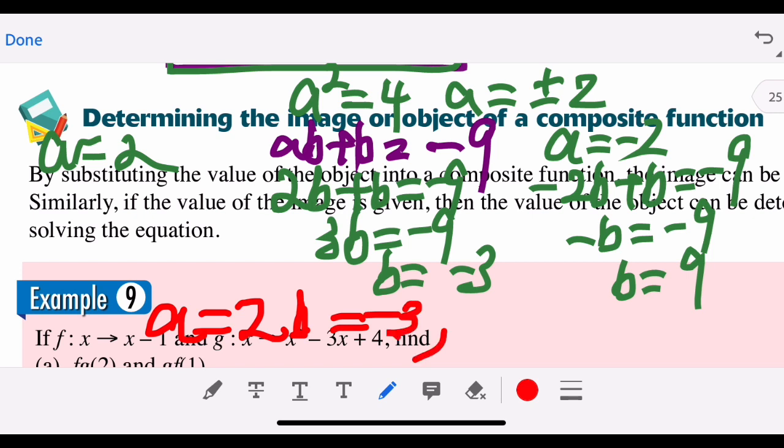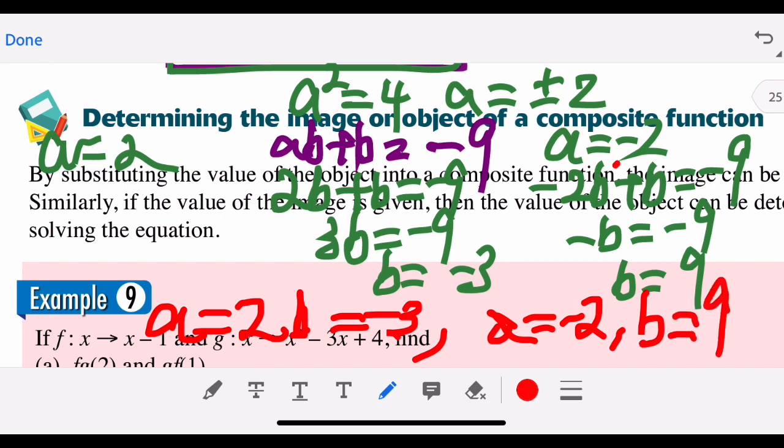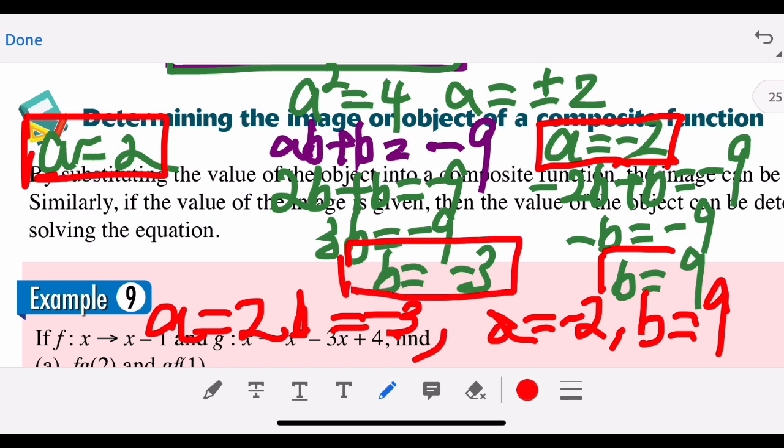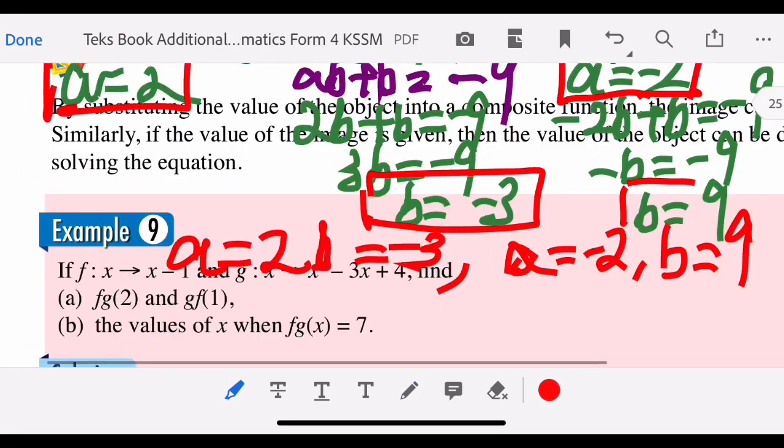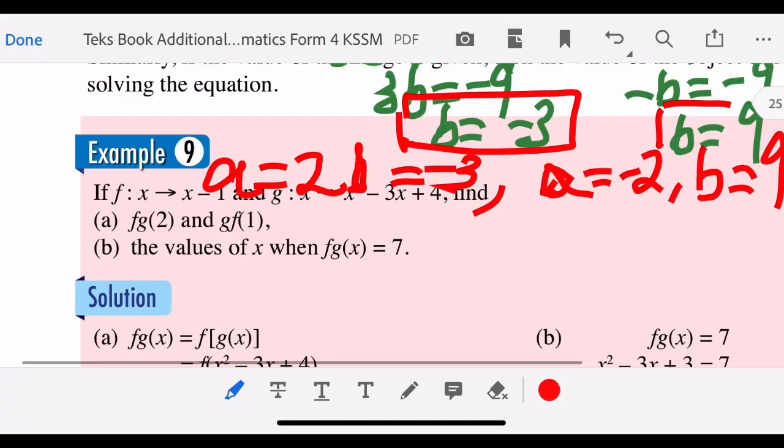When A is negative 2, then B will be positive 9. You see here? And if A is positive, then B will be negative 3. So you have two pairs of answers, right? Okay, so we have completed question number 4.